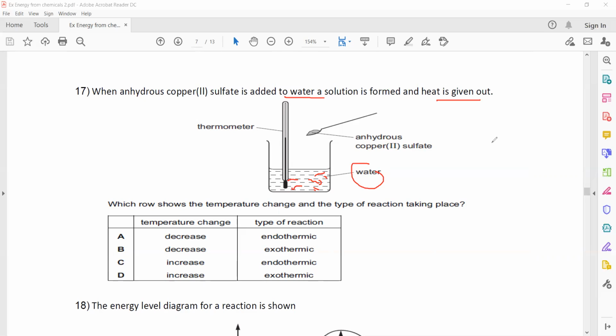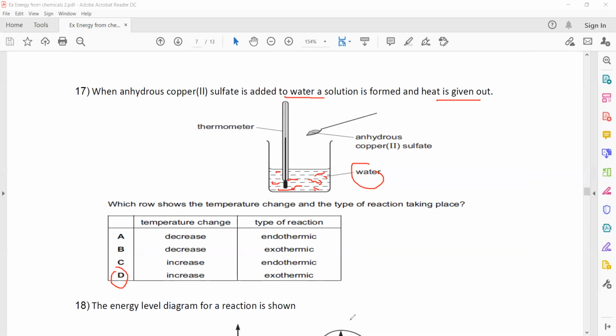So the temperature of the water will increase and this reaction is exothermic. If it was an endothermic reaction, the particles would absorb energy from the water, so the water temperature would decrease. But in the question they mentioned heat energy is given out, so the temperature should increase.